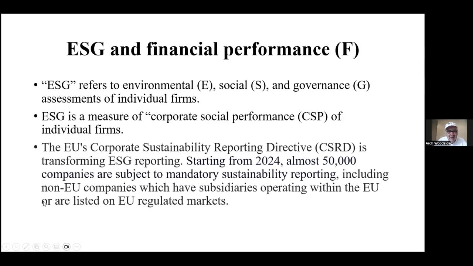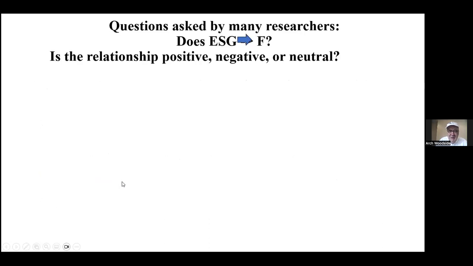Here's an important point to consider: the EU Corporate Sustainability Reporting Directive is transforming ESG reporting. Starting in 2024, almost 50,000 companies are subject to mandatory sustainability reporting, including non-EU companies which have subsidiaries operating within the EU or are listed on EU regulated markets. Same thing in the US. ESG reporting is mandatory.